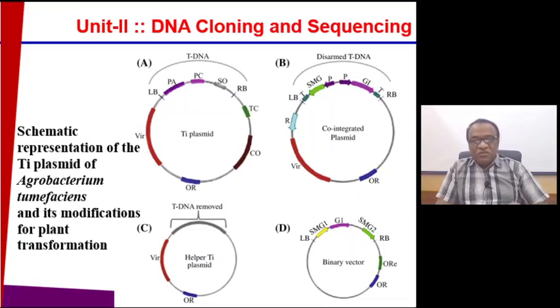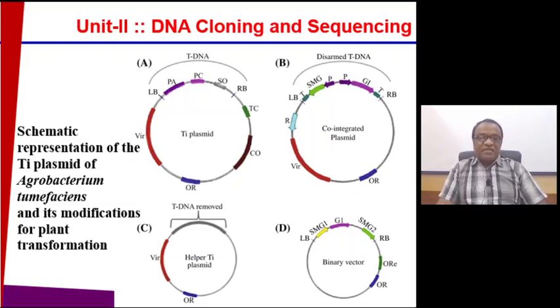Now, if we move on to figure B, to disarm the Ti plasmid, the PC, that is for cytokinin, the PA, for auxin, the SO for opine synthesis, the TC for conjugative transfer, and the CO for opine catabolism, all these regions of the tDNA are removed and an exogenous tDNA section is inserted.